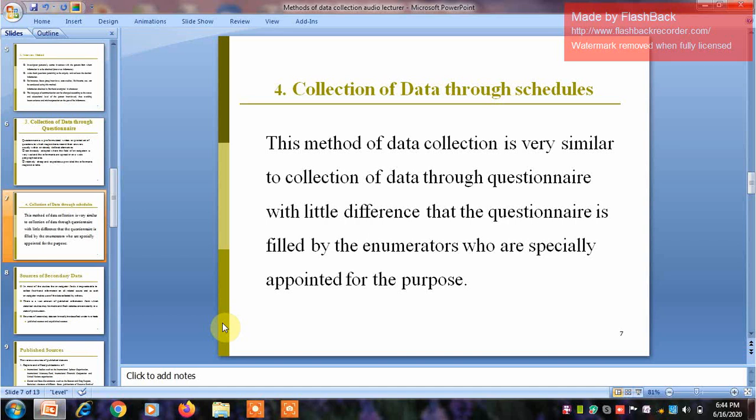So the respondent will not respond to the questionnaire given by the researcher. Instead, the questionnaire will be filled in by a person called an enumerator, who has been specially appointed to fill in the questionnaire. So this is also one of the primary methods of collecting the data.